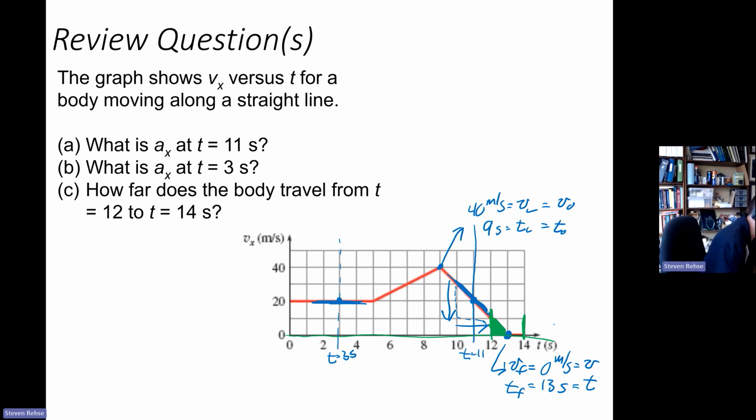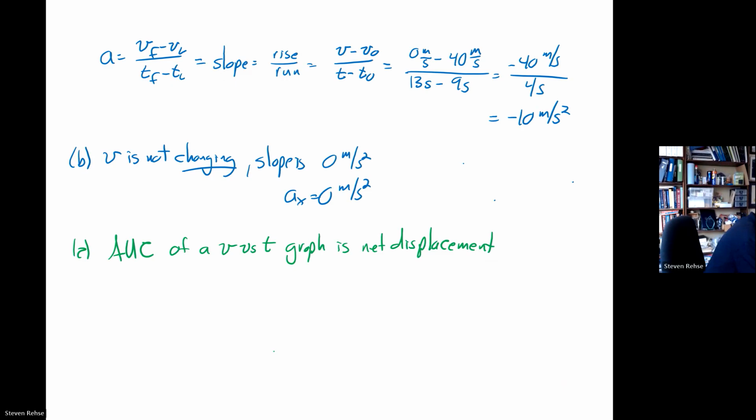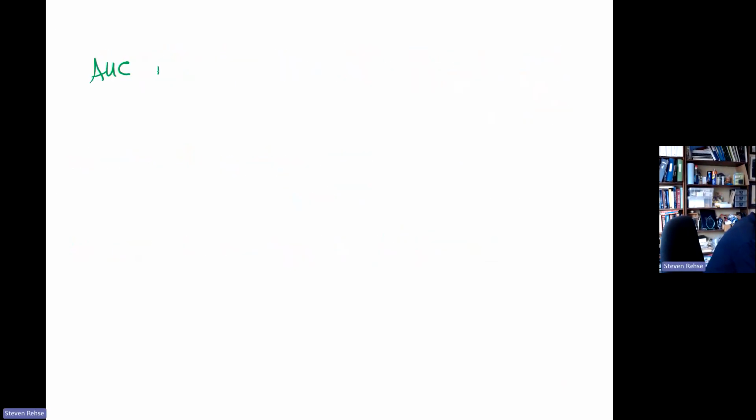So if you could zoom in a little bit on that, you will see that the area under the curve looks like a triangle. Kind of looks like this. It starts at 10 and goes to 0. It starts at 12 seconds, and it goes to 0 at 13 seconds.